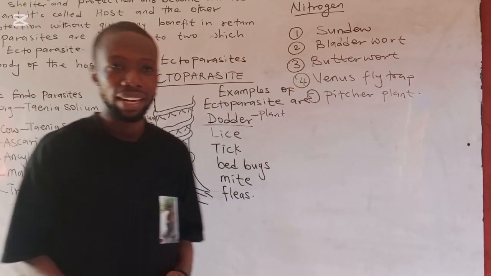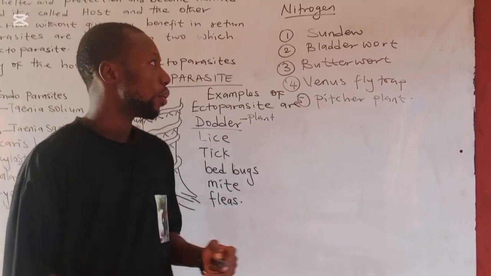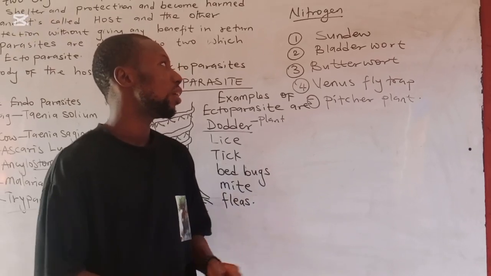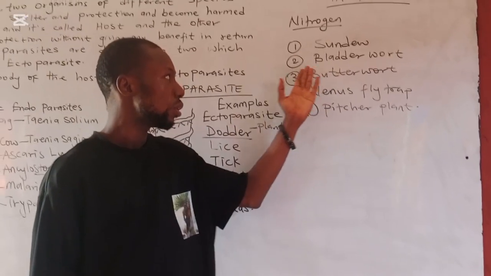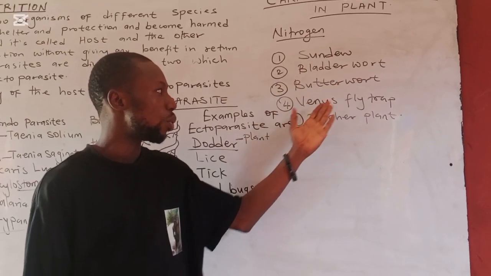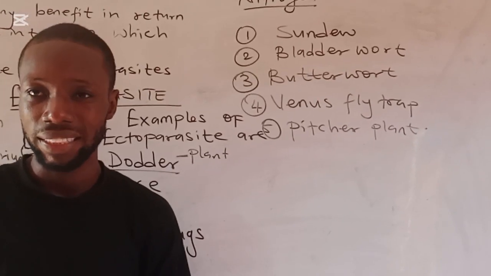These on the board are typical examples of carnivorous plants. Number one here is sundew, then bladderwort, butterwort, Venus flytrap, and nepenthes.